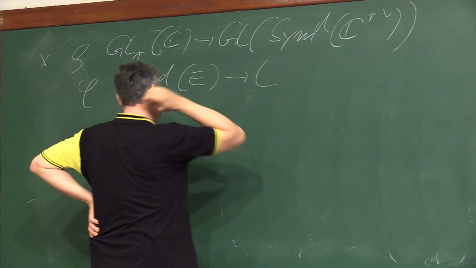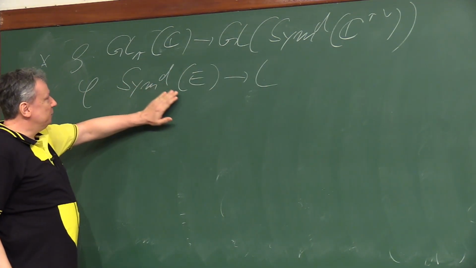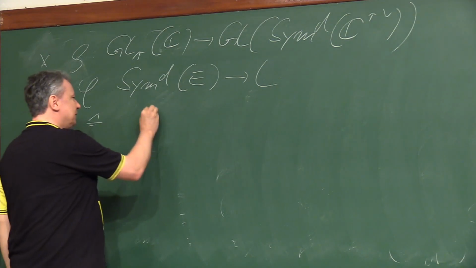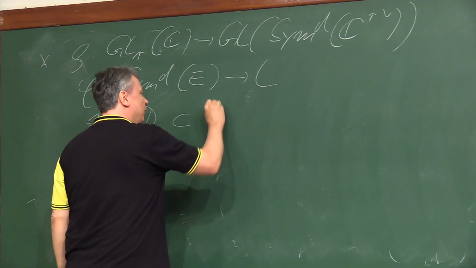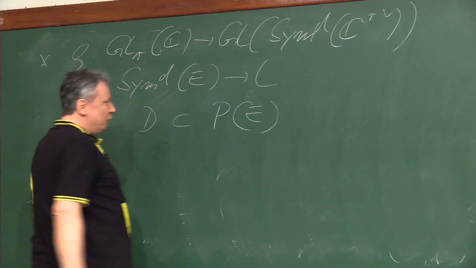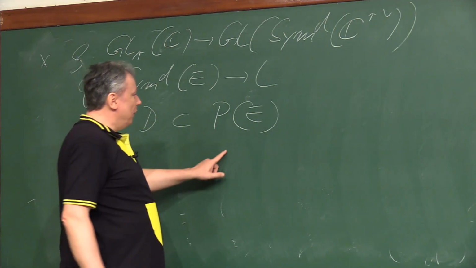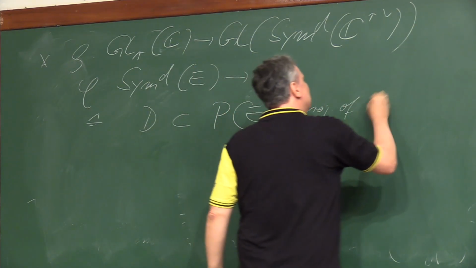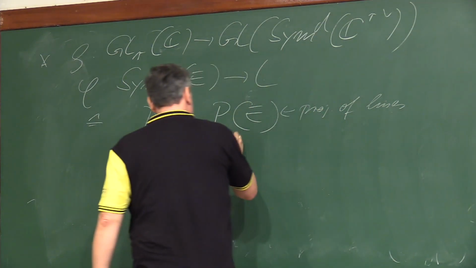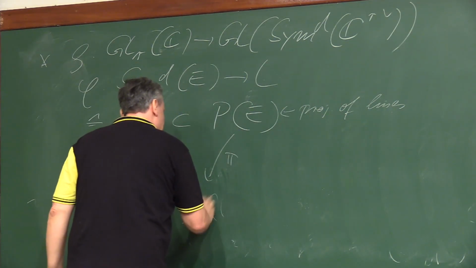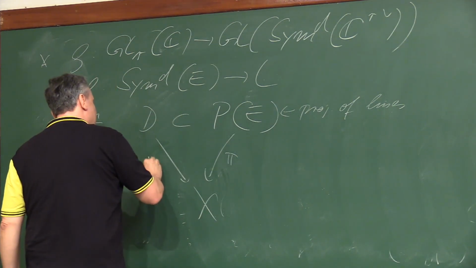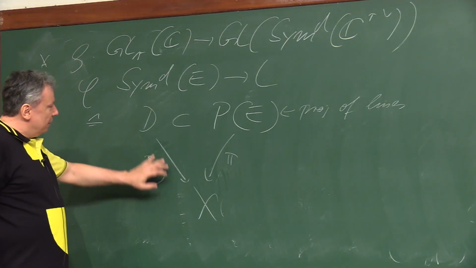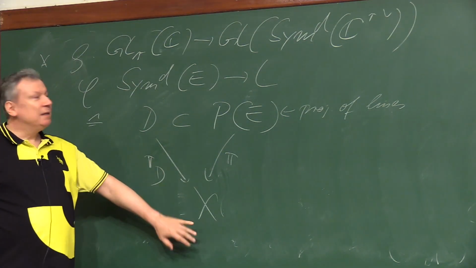Such a homomorphism from the d-th symmetric power of E to L corresponds to a certain divisor inside the projective bundle of lines in E. So this is P of E over X. And then you get an induced fibration or map to X.